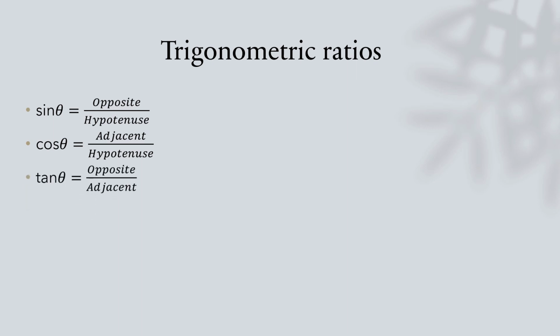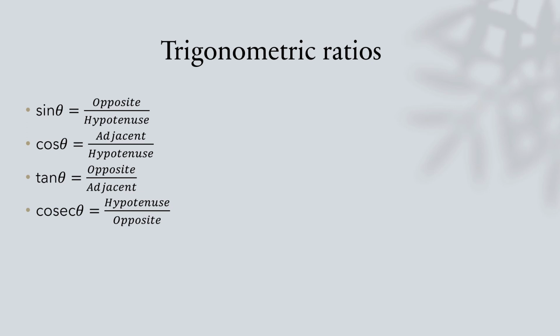Then for tan we will have opposite side by the adjacent. You have to remember these terms because as we proceed with the next sessions where we'll pick up examples, we have to remember this, and based on that we will be calculating a few things.